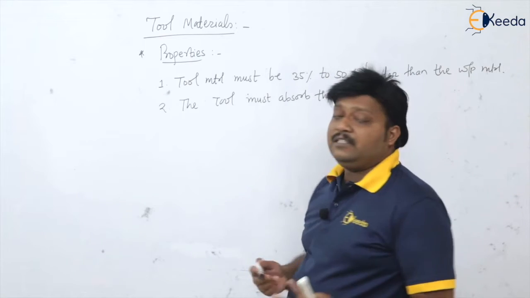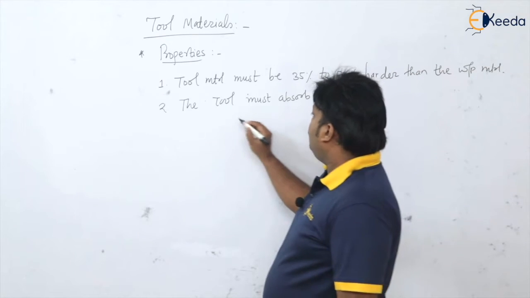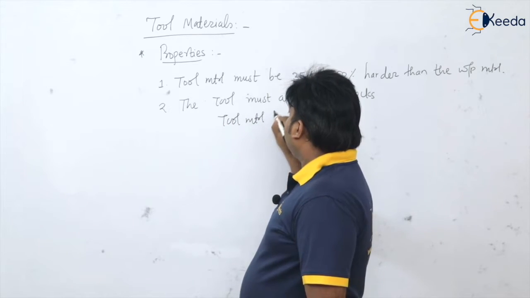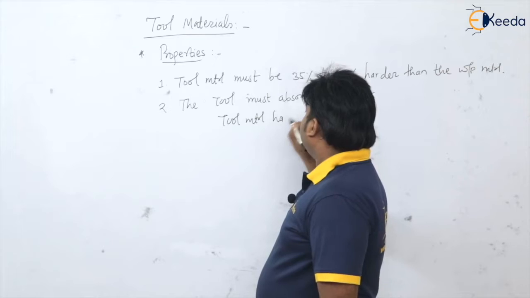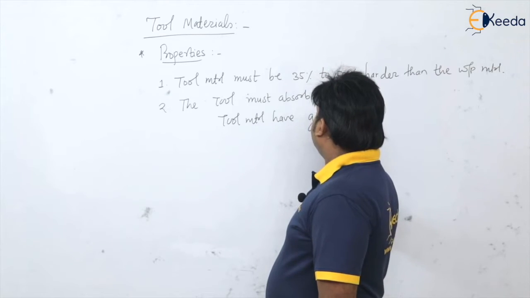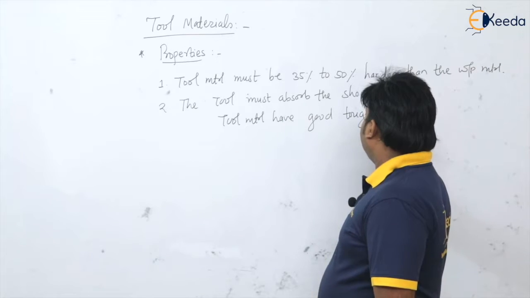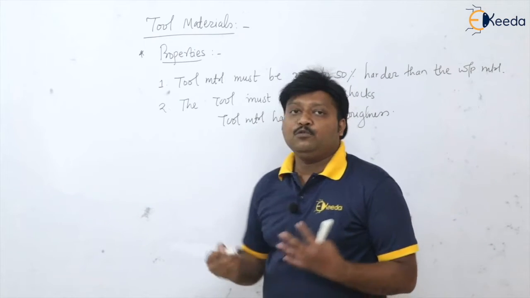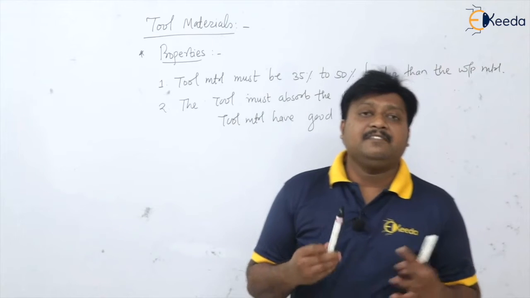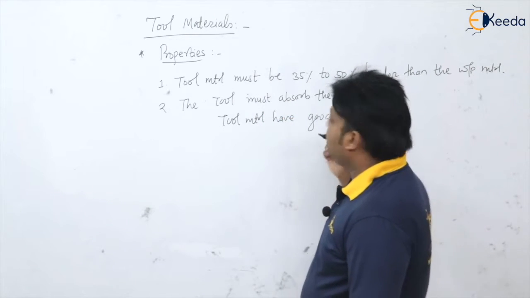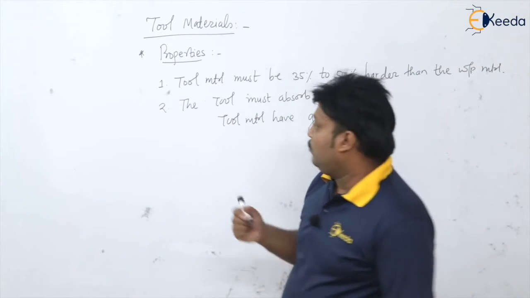Its load carrying capacity should be very high. So the tool material has good toughness, that is its ability to withstand the impact loads. So the tool material must absorb the shocks. This is the second property.